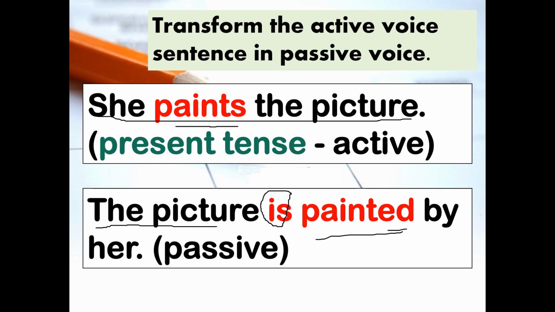So you're just going to add ed, by her. Then look at this one. She here is subjective, so we're going to make this objective. So she will become her. So the sentence is now, the picture is painted by her.